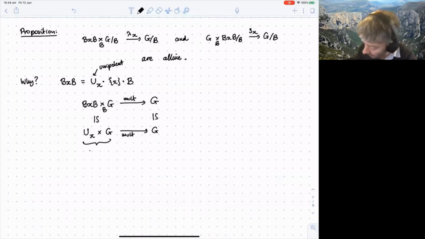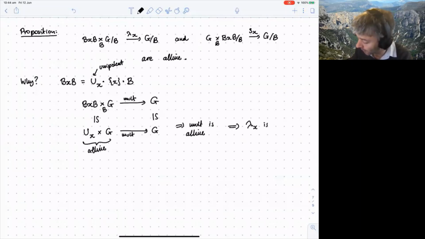And the point is that this is affine. So this implies that mult is affine. And that implies that lambda x is affine. I'm sure there are many different ways of proving this. The way that I convinced myself this was true was because being affine is local in the flat topology.